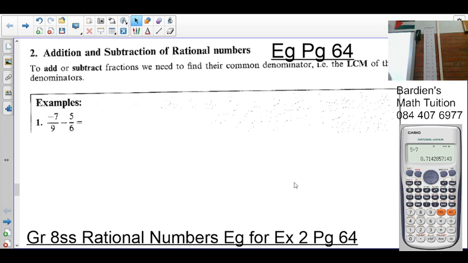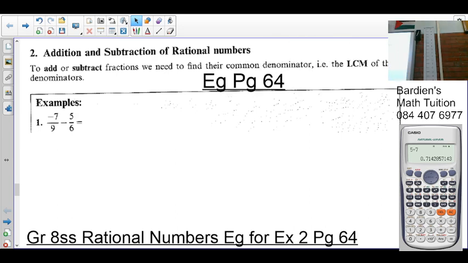Okay. So, Jacobs, can you please report to your class? To add or subtract fractions, we need to find the common denominator. Alright, so this is what we're doing all the time. When we did comparison of fractions, what did we do? We always got the denominators to be the same in order for us to add the numerators or subtract, or to do the comparison first.